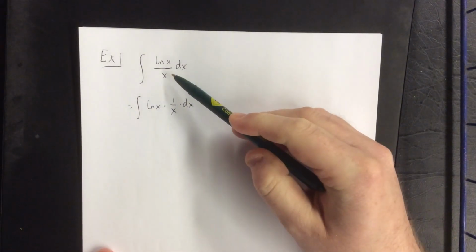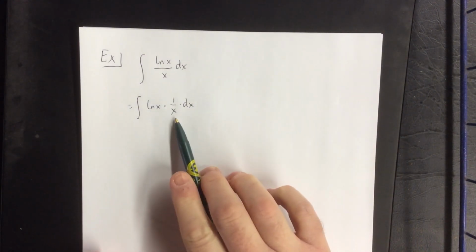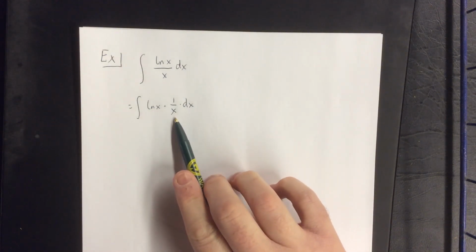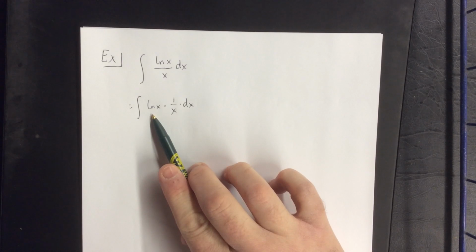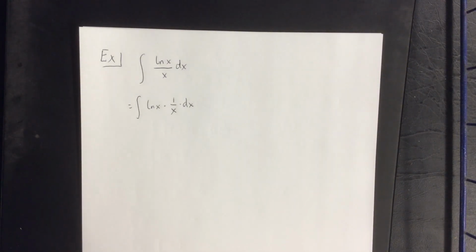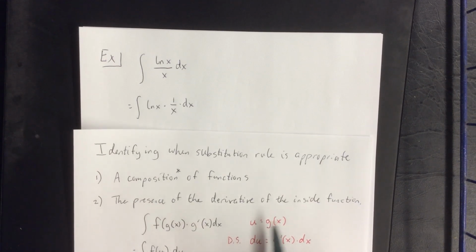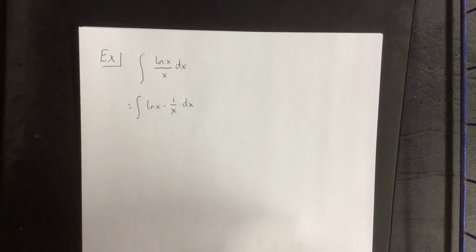Rather than saying divided by x, what I'm going to say is multiplied by 1 over x. You'll notice that 1 over x is the derivative of the natural log of x. Now, back on our last page, we said one of the big things that we need to look for is the presence of the derivative of the so-called inside function.